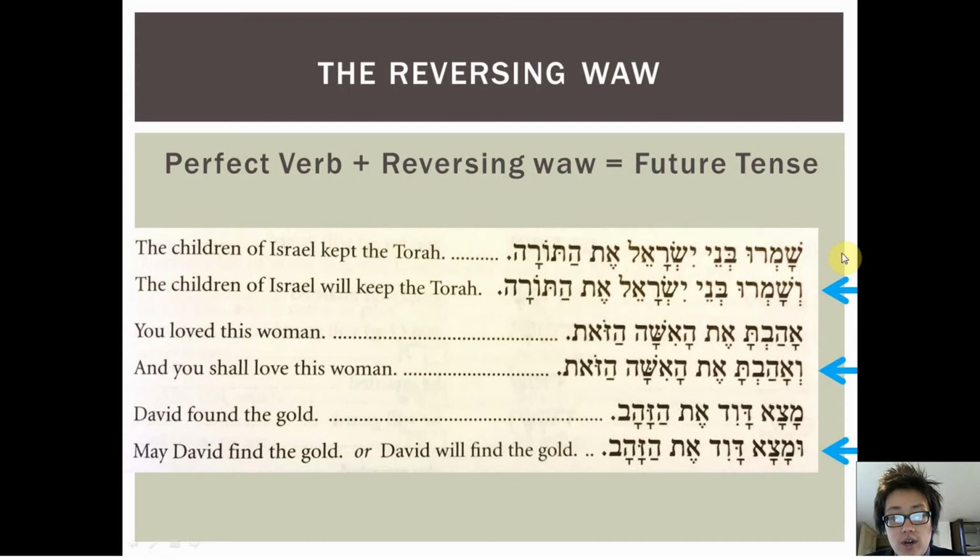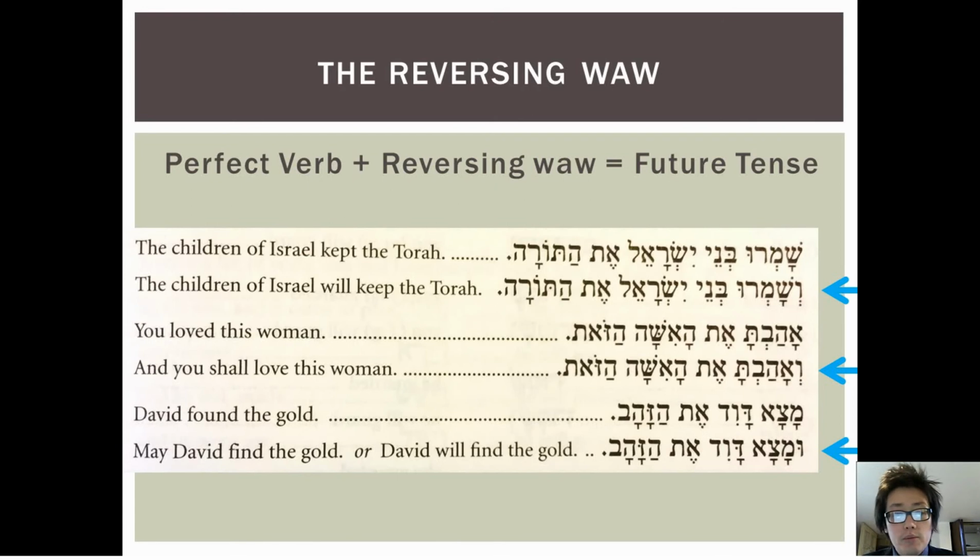V'shamru b'nei Yisrael et haTorah. The sentence is exactly the same. All the words are the same. The only difference in this sentence is that there is this vav right at the beginning. And what it's doing is it's going to reverse the typical meaning of shamru, effectively turning it into a future tense verb, so that its meaning is more like the imperfect.